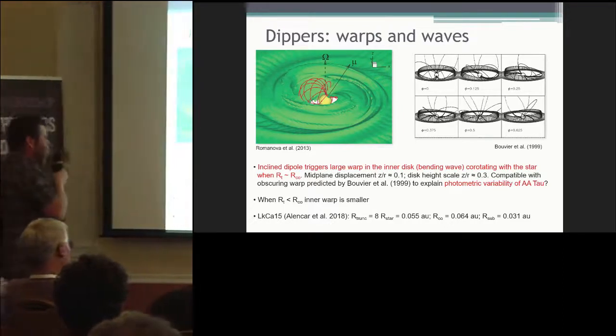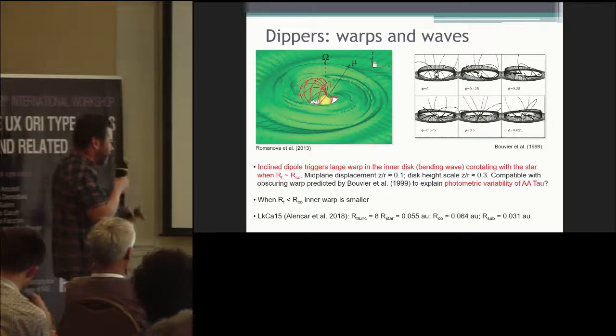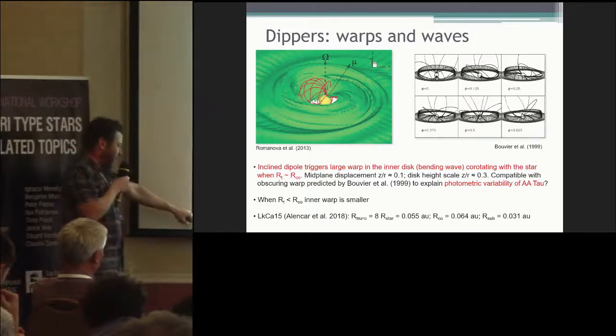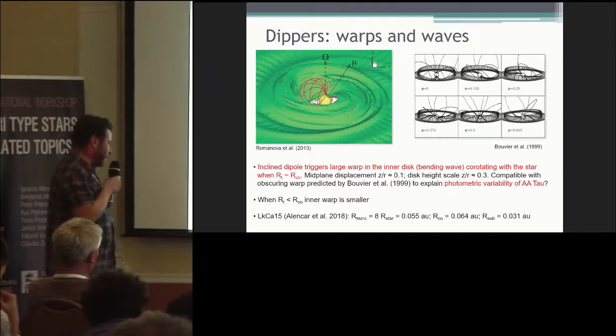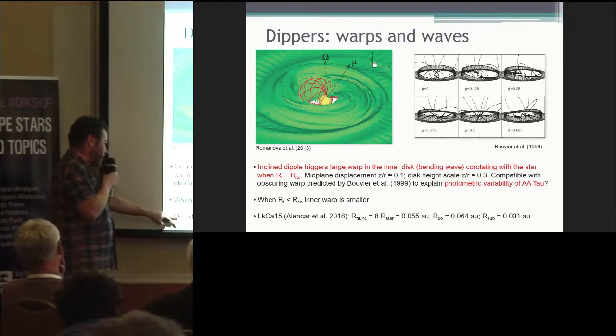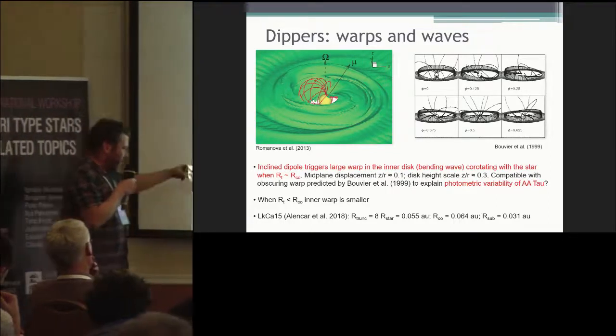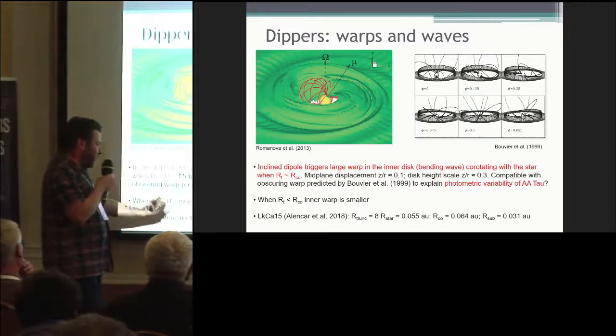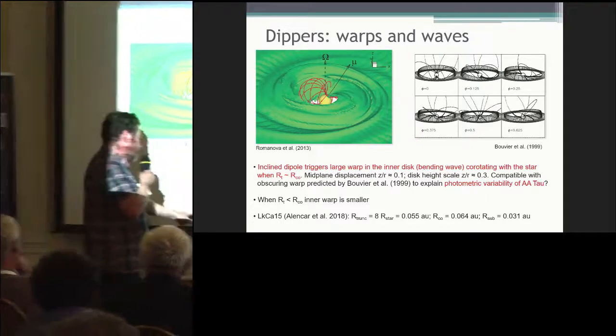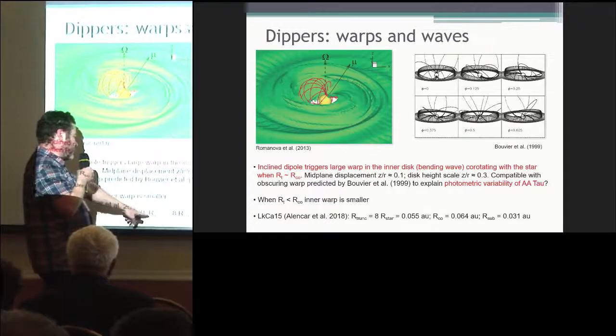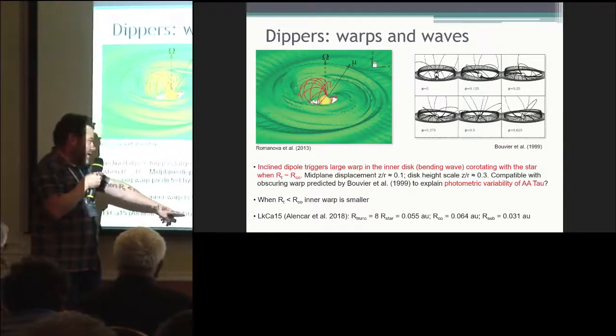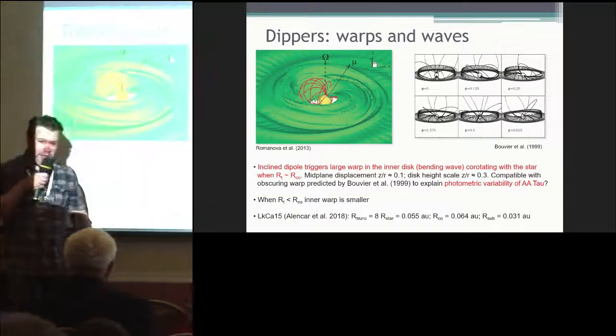Maybe they are trying to force all the pieces together. But for example, this recent paper by Sylvia Lenker about this source, seems to be more or less like AA Tau, a system where the truncation radius is very close to the corotation radius.